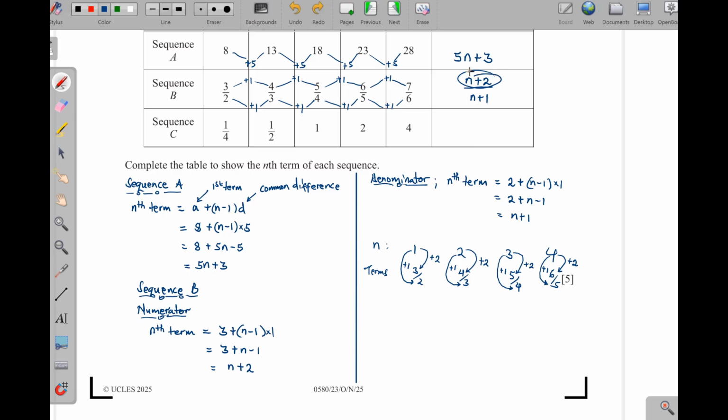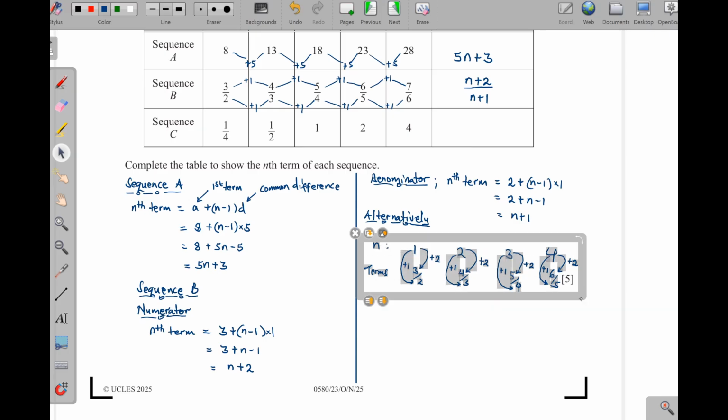That is what you're having here. Then again, for the denominator, you have your n, then you add a 1. This is your n plus 1. So alternatively, you can do it like that. See that? Then that is that.